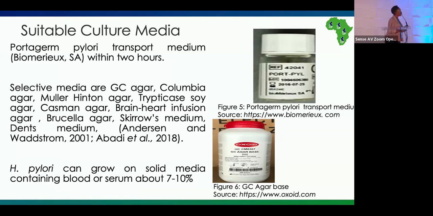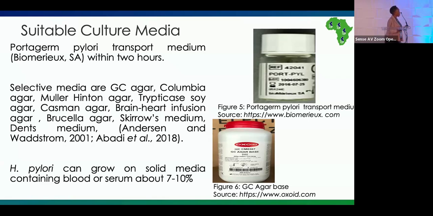For non-selective medium, we can use blood agar or chocolate agar without any antibiotics introduced into the agar. For selective medium, we can use GC agar as the agar base. Columbia agar has been reported. Mueller-Hinton agar has been reported. Trypticase soya agar has been reported. Casman agar, brain heart infusion agar, Brucella agar, Skirrow's medium, Dent medium.